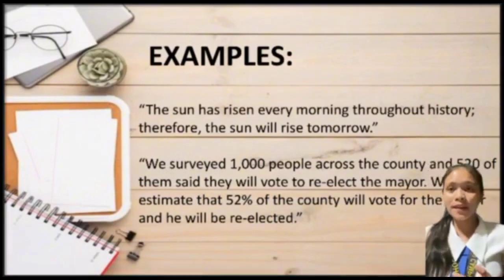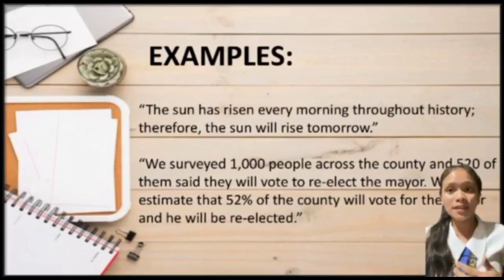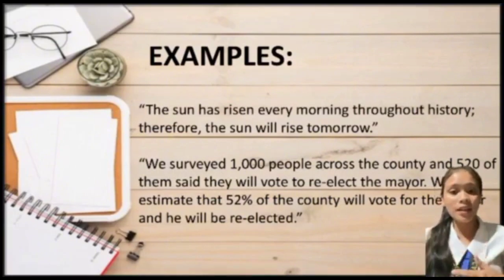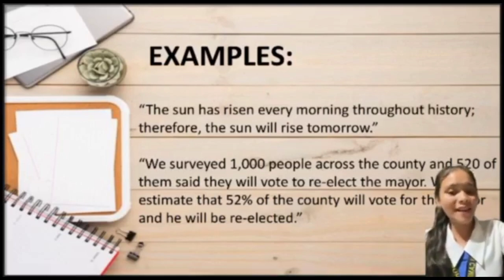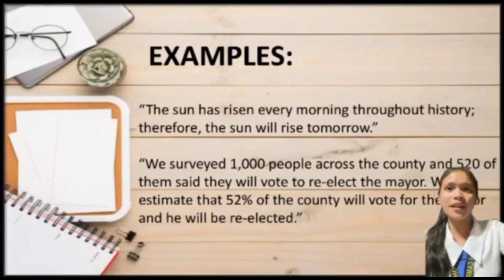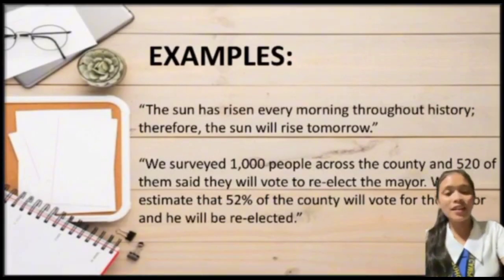We surveyed 1,000 people across the country, and 520 of them said that they will re-elect the mayor. We estimate that 52% of the country will vote for the mayor and he will be re-elected. This is an example of inductive reasoning because many statisticians make a living from conducting tried and true inductive reasoning studies.